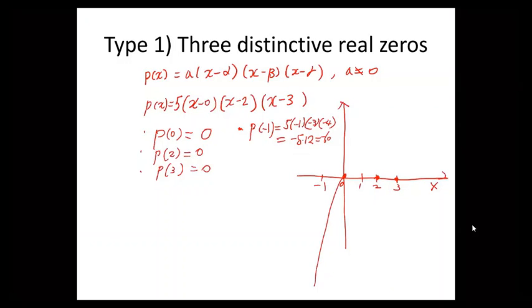Okay. What happens when you have P(1)? 5 times 1 times -1 times -2. So you end up having 2 times 5, which is 10. So when you have 1, you're going to have 10. So you have all the way up there.